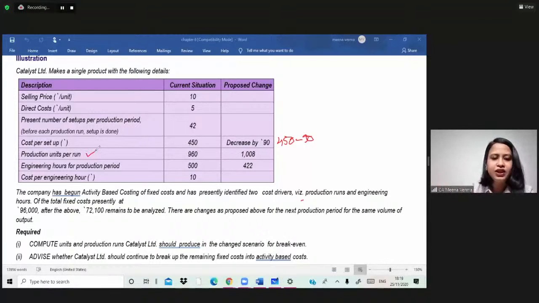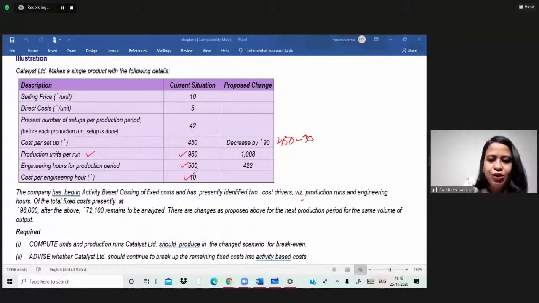In one run, the number of units they are producing is 960 in the current situation, and in the proposed system they are producing 1008 units in one production run. Engineering hours for the production period is 500 for the current situation, and 422 for the proposed system. The cost per engineering hour is given, which is 10 rupees.